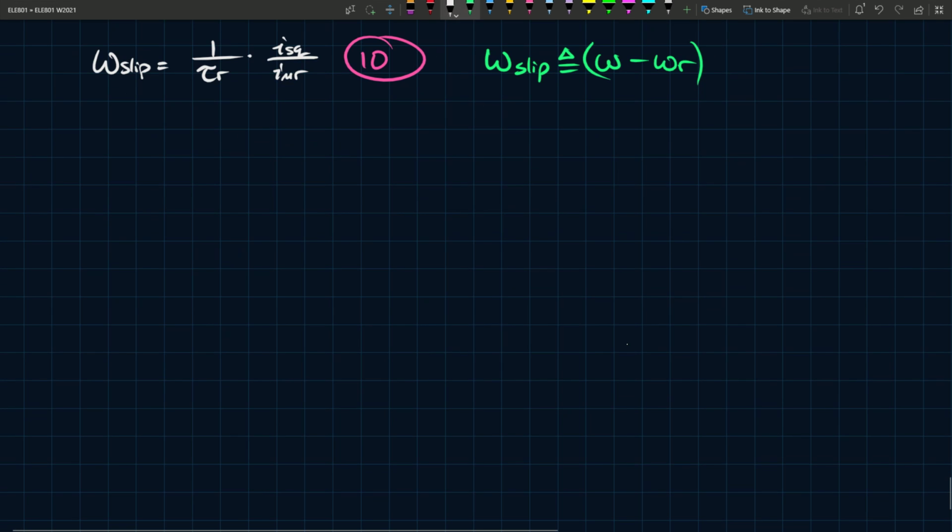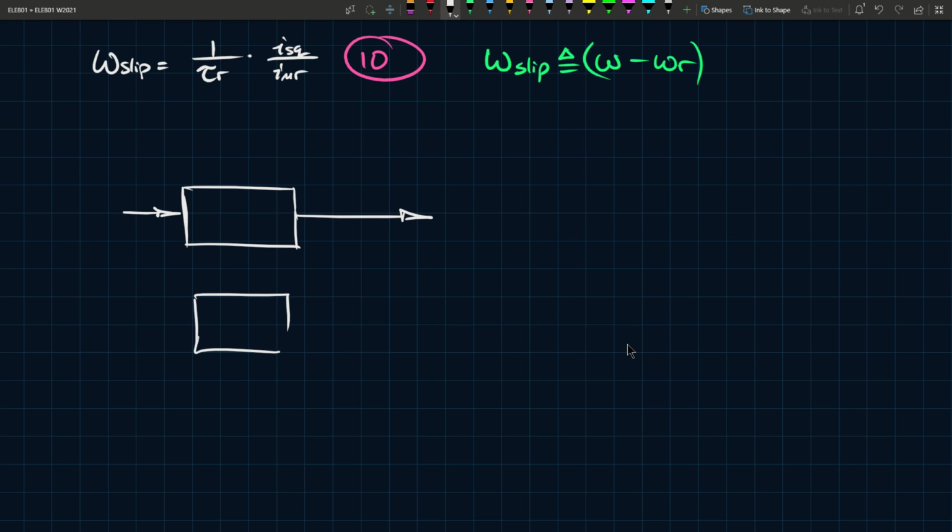We can model these in a block diagram format. You have your currents, ISD and ISQ, coming in, because control is always much simpler to imagine with block diagrams. And why not draw some, because we've done a lot of equations now.